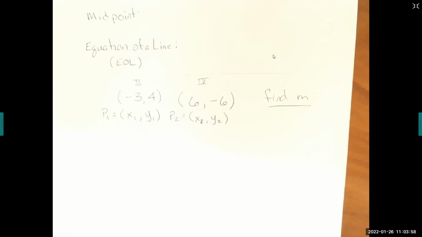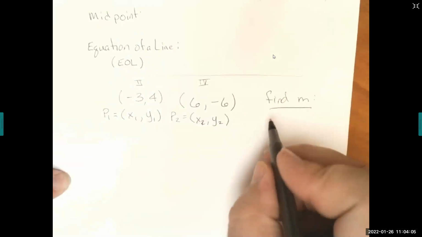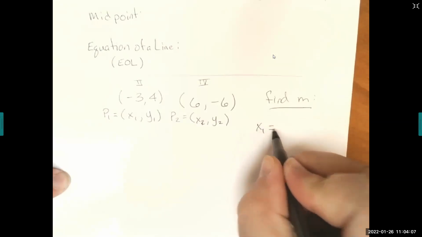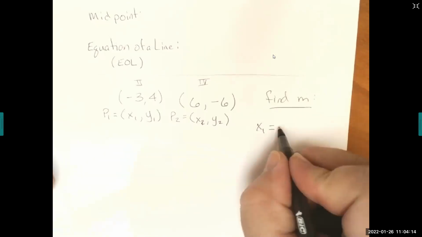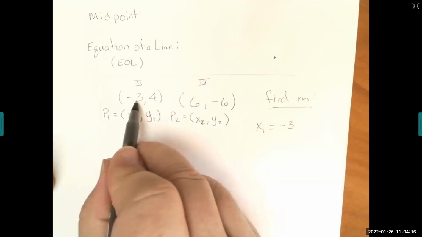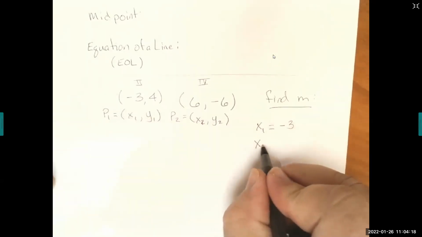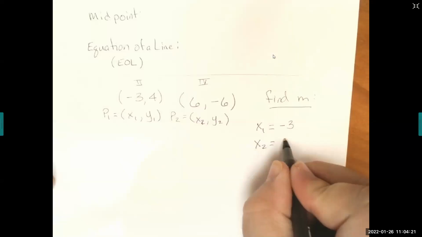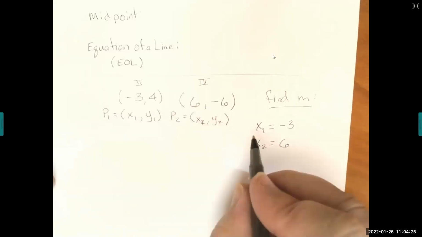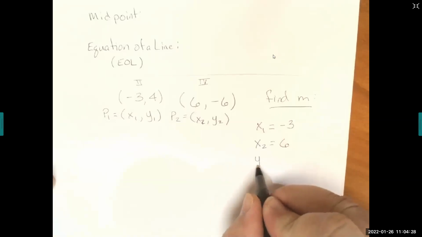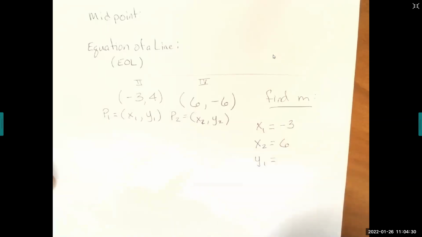So to be honest with you, to find the slope, all it really is plug and play. We label the points. What does x1 represent? What number? -3. It's the x value of the first point. x2 is the x value of the second point. y1 is 4.